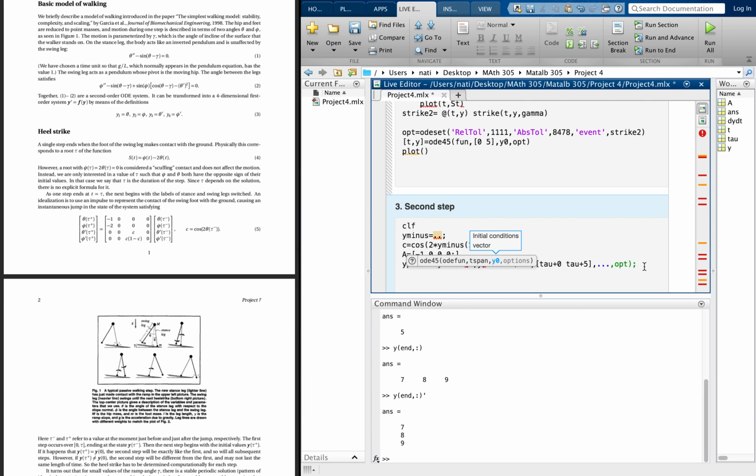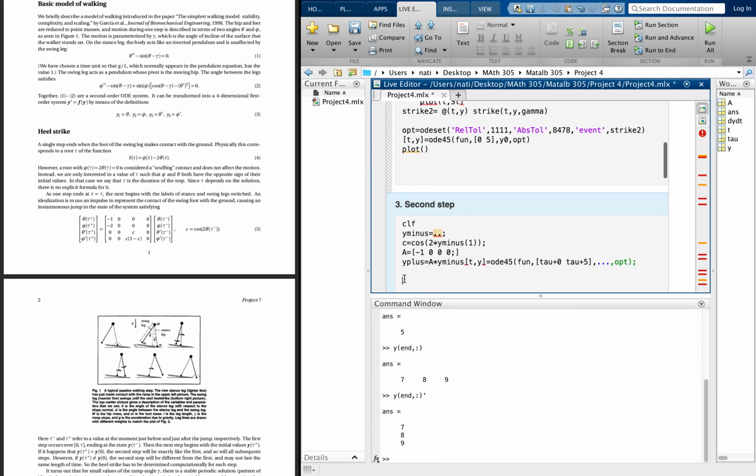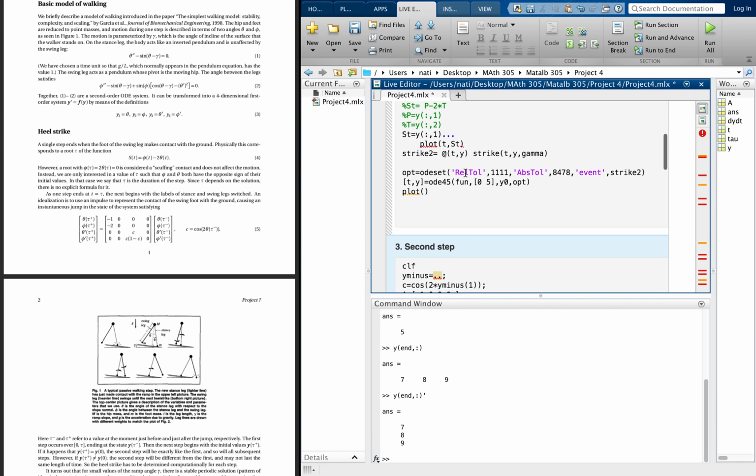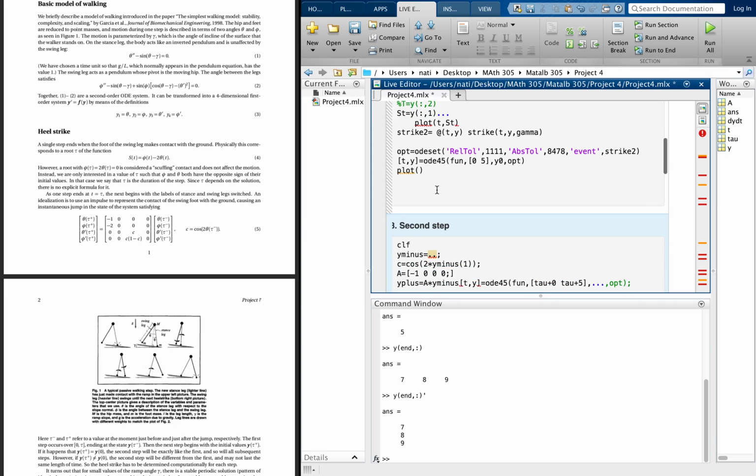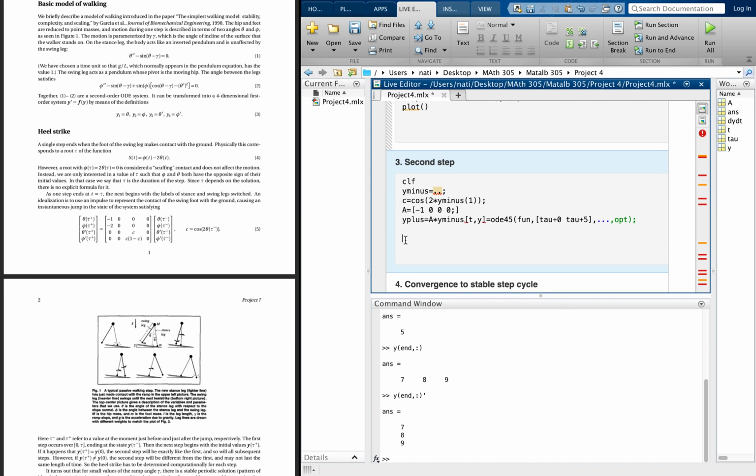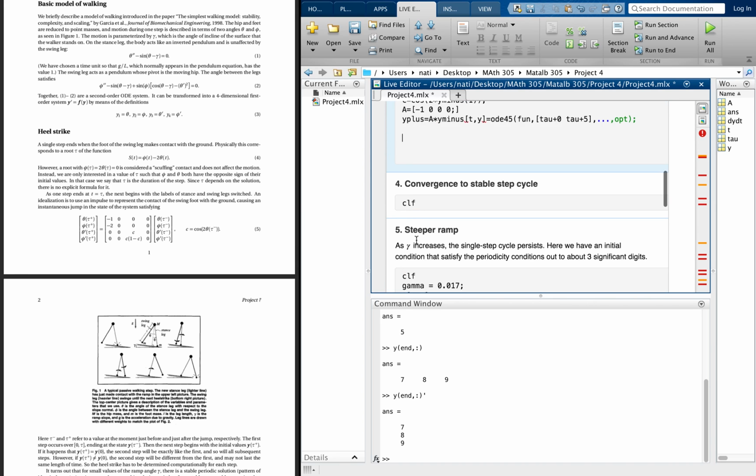Now, the second thing that they ask you is to find our second tau, basically the end time of that second step. To do that, what we had done initially was to create a variable tau in this part here. So now we're going to do the same thing.